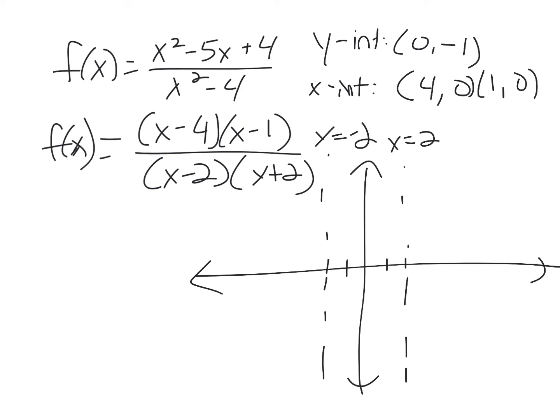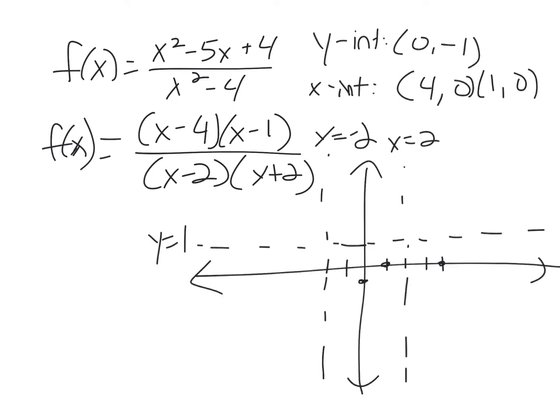Your HA is going to be 1 over 1, which is just 1, so it's going to be y equal to 1. Okay, so let's see what's happening in between here. I'm curious about some of these things. So we have y equal to negative 1. We have x-intercepts of 4, 0 and 1, 0. Interesting stuff coming on here.